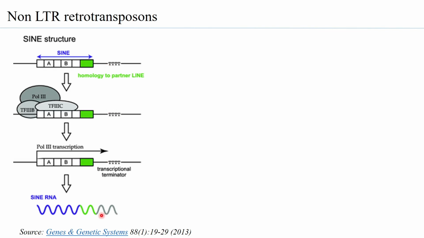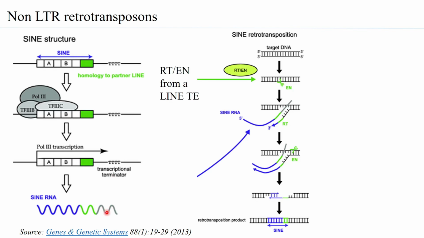But also interestingly, you will now have a poly A present in this SINE RNA. And this SINE RNA, because of the presence of poly A, can target again very specific DNA. Wherever they find poly T in the DNA, they will go and bind at that position.